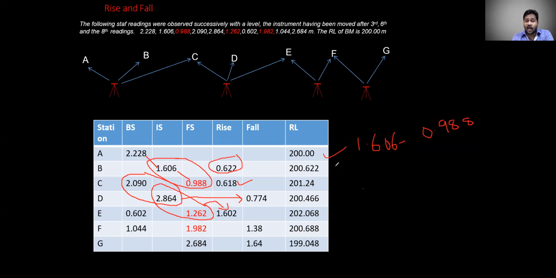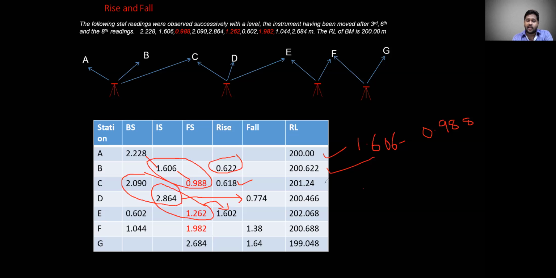If you want to find the RL of station B, then we need to add the rise of that particular station, that is 0.62 plus 200 gives you the RL of B. If you want to find the RL of C, we need to add a rise value 0.682 to the above RL, that is 201.24. In a similar way, here we are getting a negative value, so that is fall.